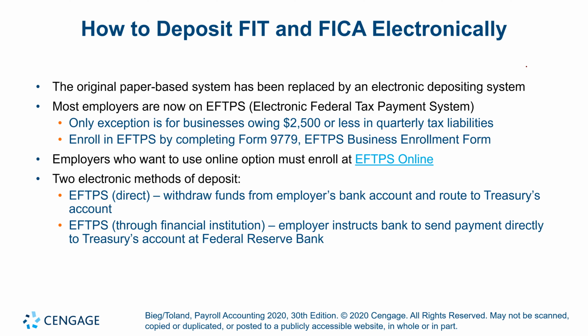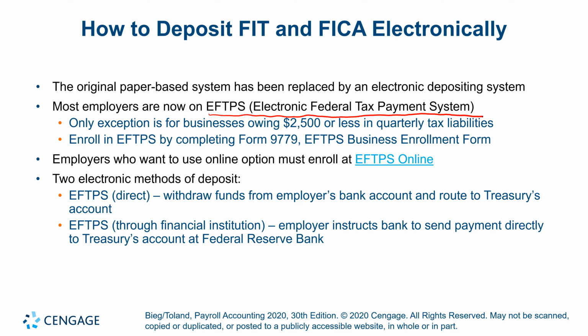Now, we are required to use this electronic federal tax payment system, right? The only exception to this is if businesses owe 2,500 or less in quarterly tax liabilities. Any more than 2,500, it has to be paid through the electronic federal tax payment system.